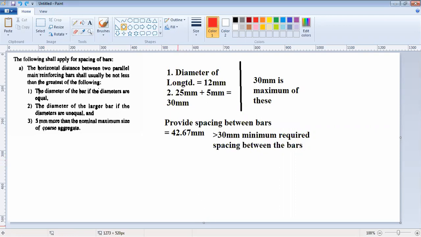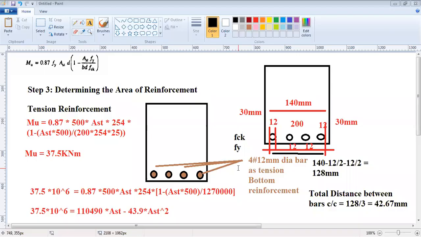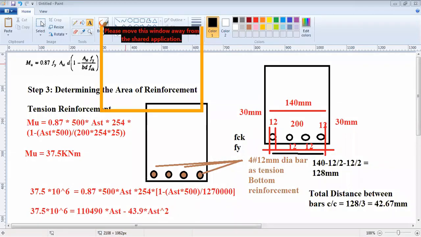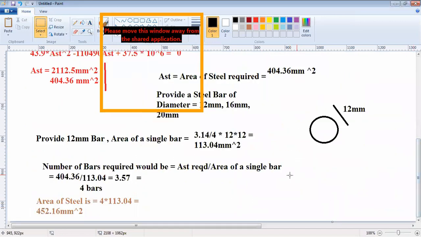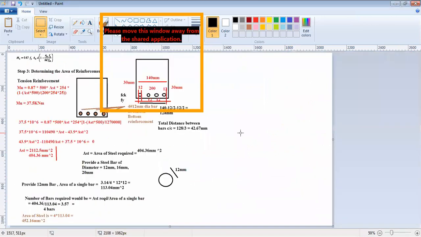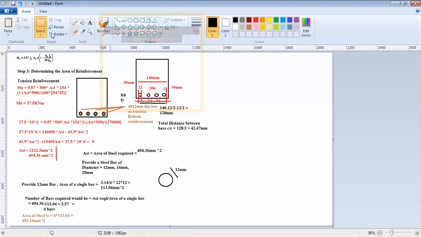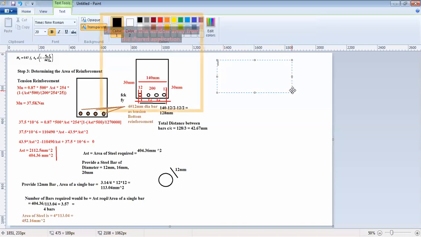So now at this stage, we have reached a stage where we have provided the tension reinforcement, और हमने ये भी चेक किया कि ये मिनिमम स्पेसिंग इसकी मीट हो रही है कि नहीं, but we have not checked another requirement.